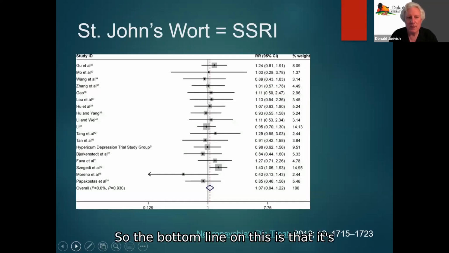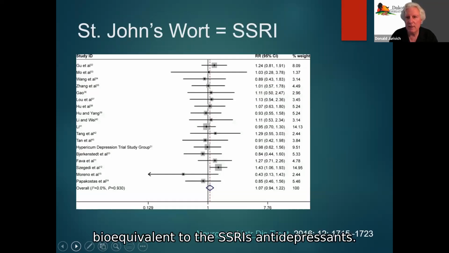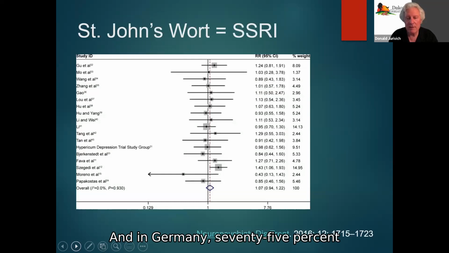Oh, St. John's wort. The bottom line on this is that it's bioequivalent to the SSRIs, the antidepressants, and in Germany, 75% of depressive medications are St. John's wort and not SSRIs.